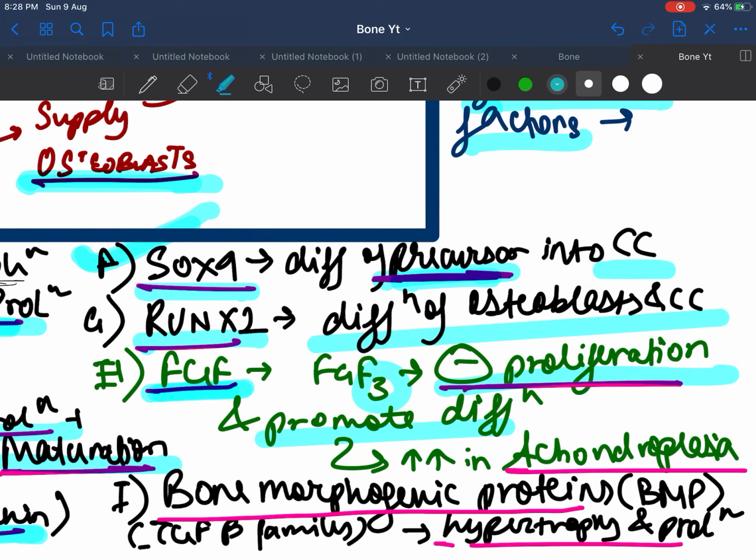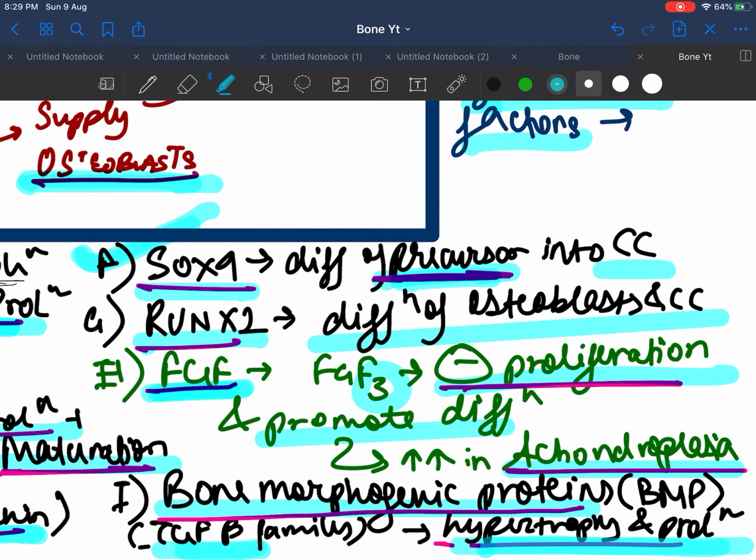Because this receptor, the FGF3 receptor, when chronically stimulated in a condition like achondroplasia, leads to decreased proliferation of bone, and due to this achondroplasic patients are dwarf patients. It also has a role in thanatophoric dwarfism.